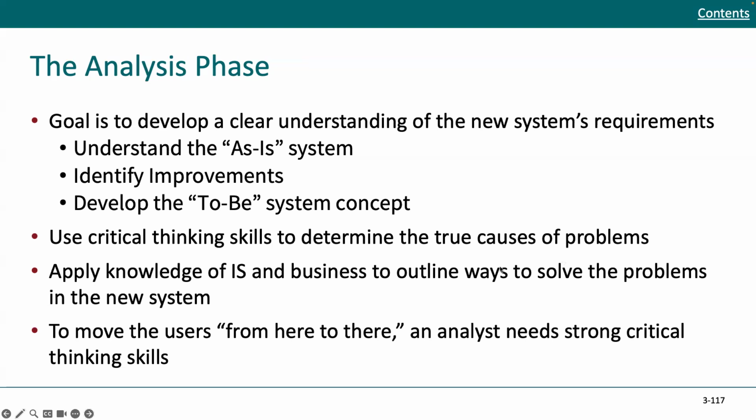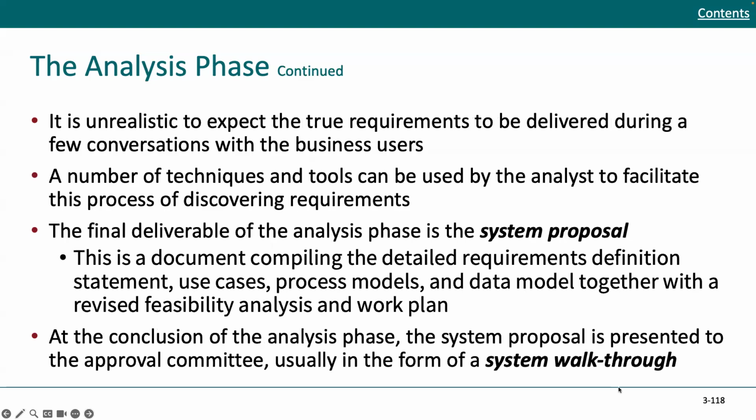Thus, system engineering can be very much of a help there. Apply the knowledge of information systems and businesses to outline ways to solve the problems in the new system. So once again, with this textbook, we're focusing on information systems, but we can also broaden that to other types of complex systems. To move the users from here to there, an analyst needs strong critical thinking skills.